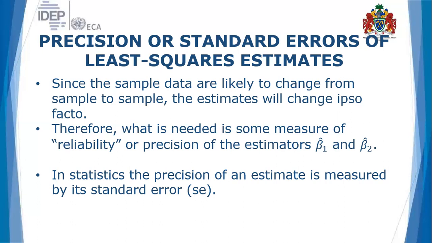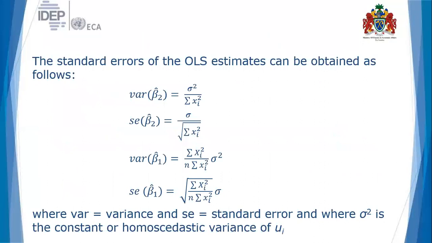In statistics, the precision of an estimate is measured by its standard error, given as SE. The standard errors of ordinary least squares estimates can be obtained using the following notations.